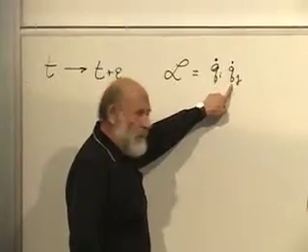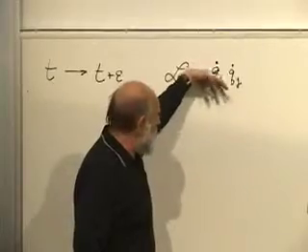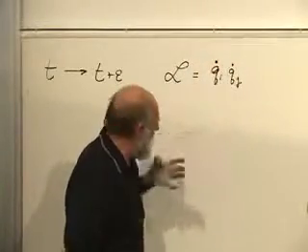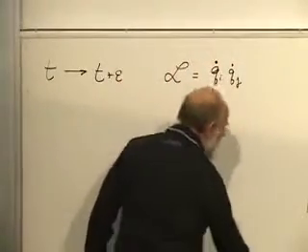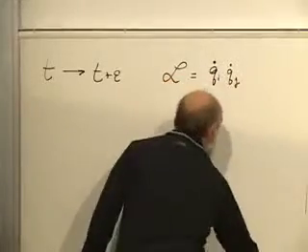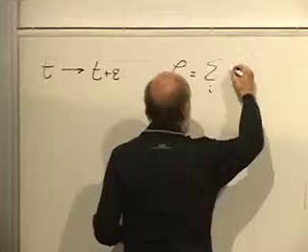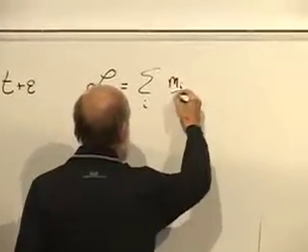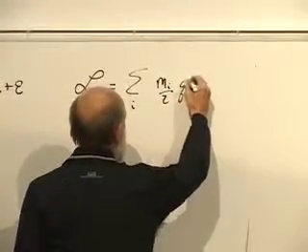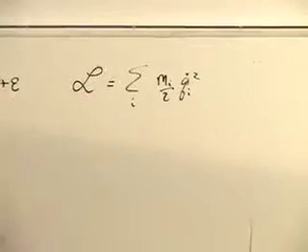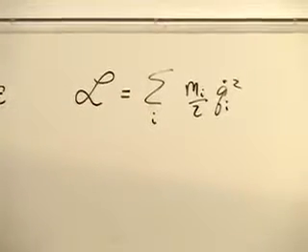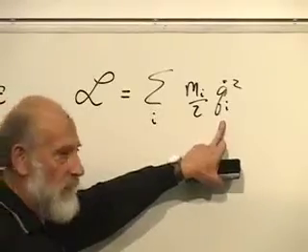If it's quadratic in velocities, you can take the simple case where it's the sum of velocities squared. It can contain coefficients, masses, or whatever you like. Let's just simplify it and say it's some sum of coefficients, I'll call them m sub i over 2 times q sub i dot squared. This does not have to be linear motion, just as long as the Lagrangian contains quadratic things like this.